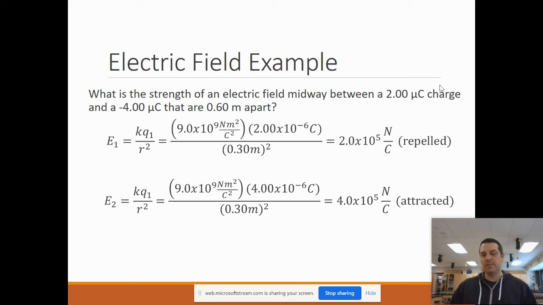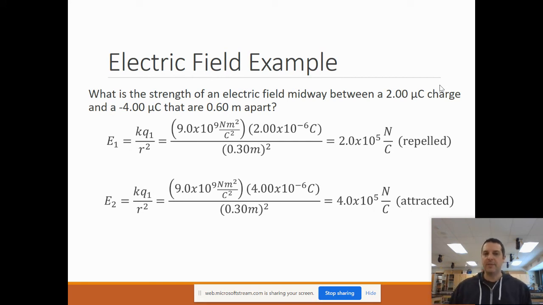So the first charge is pushing away at the midpoint, and the second charge is pulling at that, but those are going in the same direction, right? So in between the two charges, one is pulling and one is pushing, but they're both ultimately contributing to the electric field in the same direction. So the two of them actually are added together.